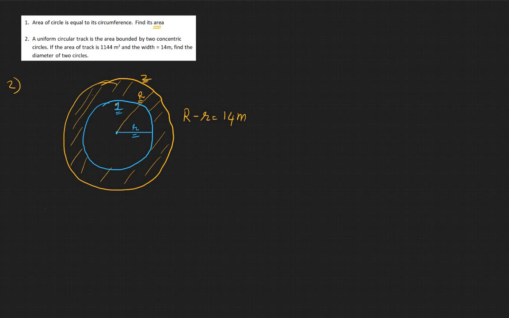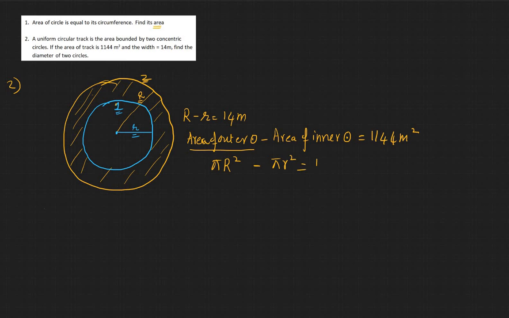the area of the track, which is the area of the outer circle minus the area of the inner circle, is 1144 meters squared. So the area of the outer circle would be pi into big R squared, minus the area of the inner circle, pi into small r squared, and that is 1144.